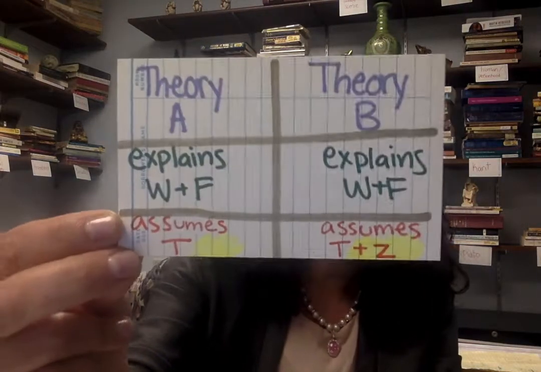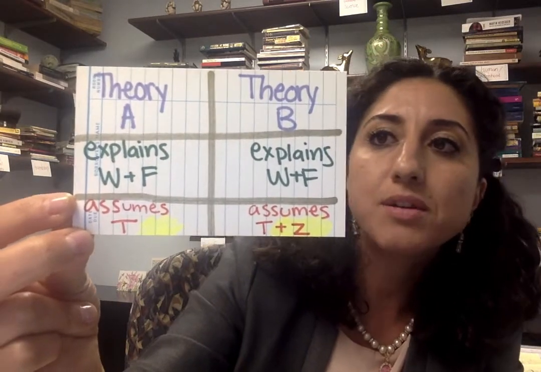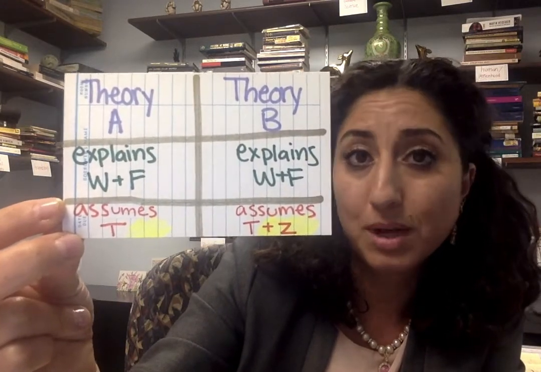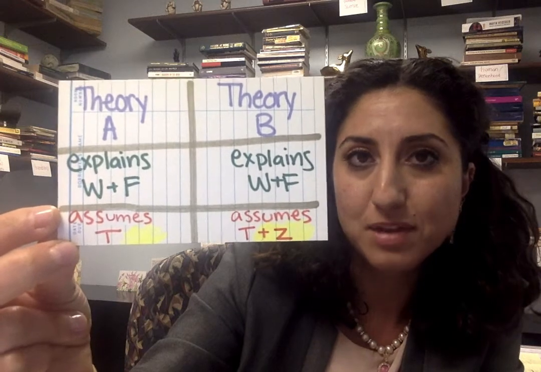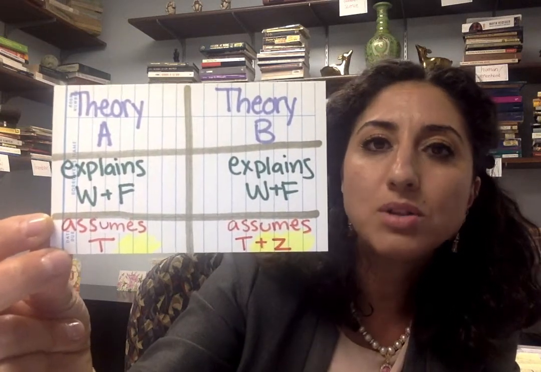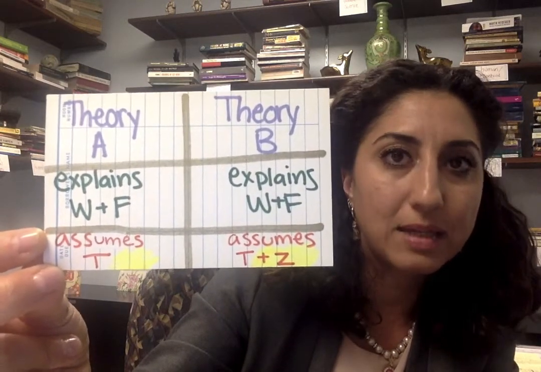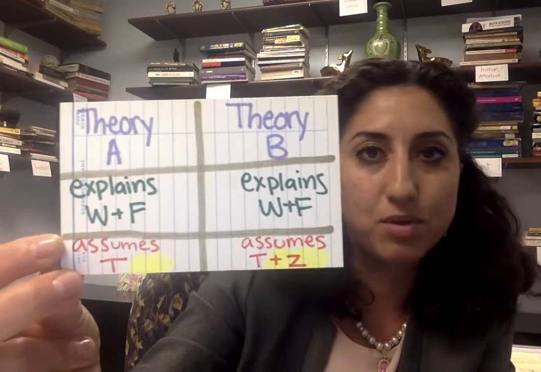So imagine that you have two competing theories, two competing explanations, or two competing answers, or two competing solutions. And both of them, let's say, explain what it is you're trying to explain. So we have theory A, which explains W, whatever W is, and F, whatever F is, based on the assumption that T, whatever T is. But you also have theory B. And theory B, just like theory A, explains W and F, whatever those stand for.